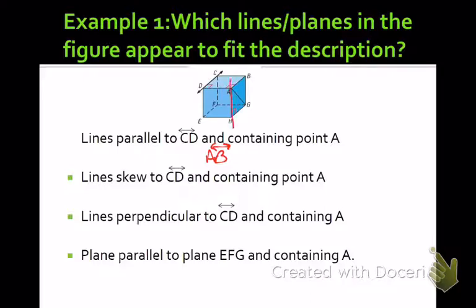So this line and this line are going in a different direction and not going to touch it. This line and this line go in a different direction from line CD and are not going to touch it. And then you also have line AG through here. It's going a different direction and not going to touch it. So you have a lot to choose from. But we need lines that have A in it. So it's going to be line AG and line AH, either one of those.